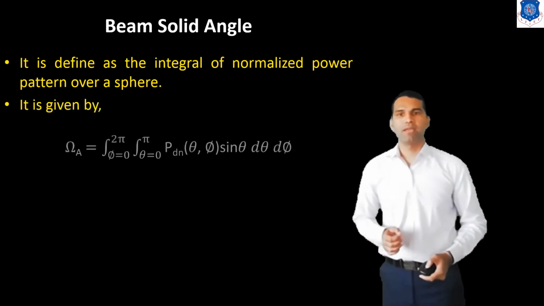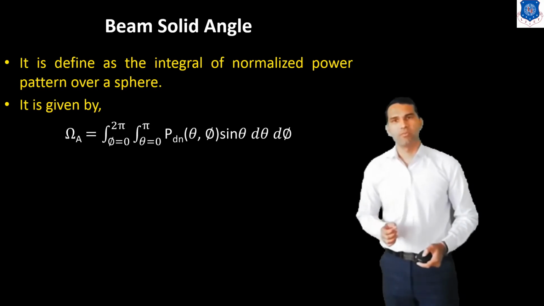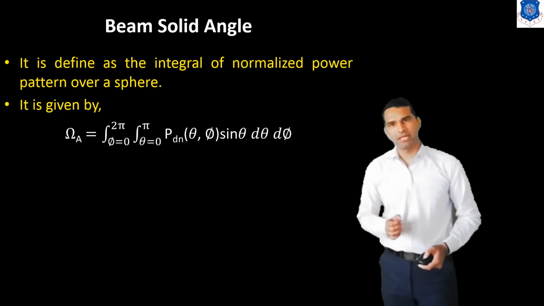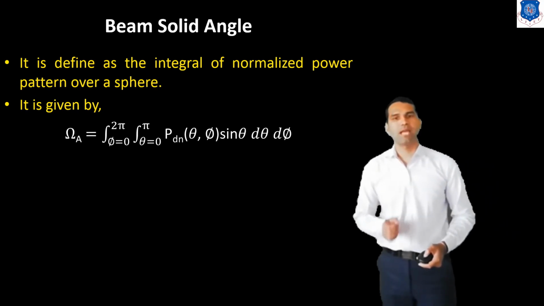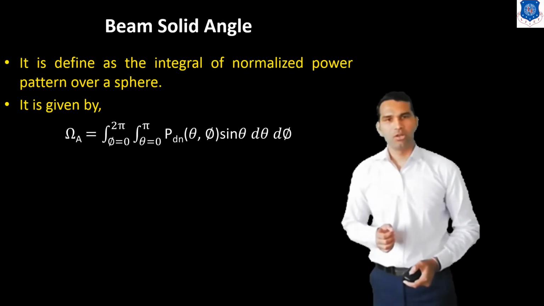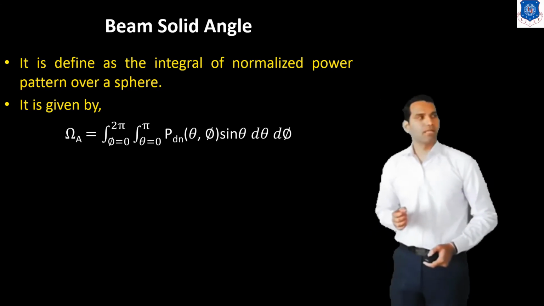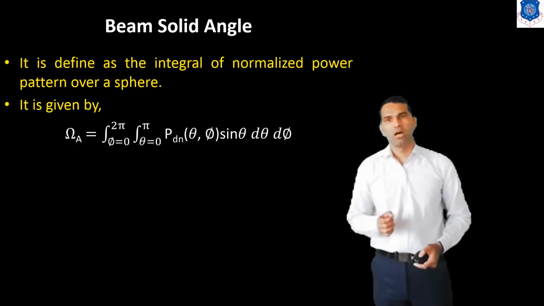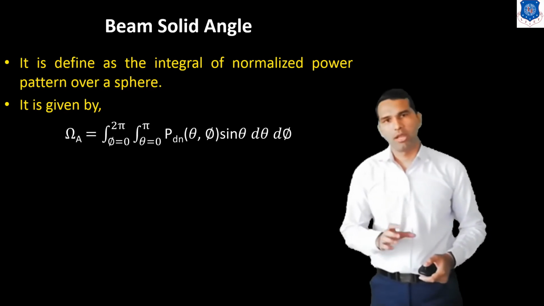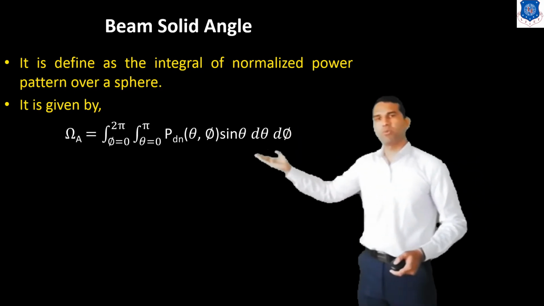It is given by Ω_A, the beam solid angle, equals the double integral with φ from 0 to 2π and θ from 0 to π of P_dn(θ,φ) sin θ dθ dφ. Here P_dn indicates the normalized power density, and the double integration covers the whole area in terms of the theta angle and the phi angle. So this is the equation for the beam solid angle.